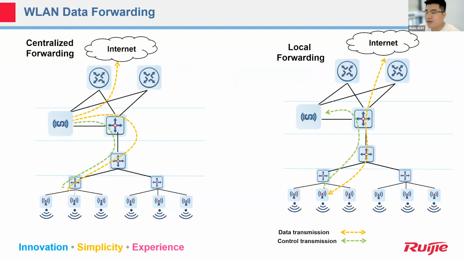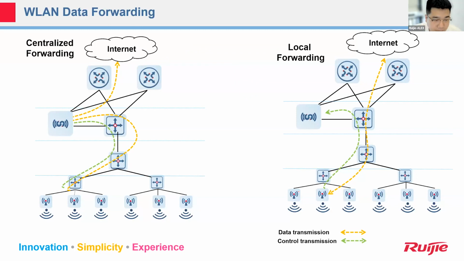Since we have already established the CAPWAP tunnel, it means that the AP is online on the AC. Since the AP is online, the AC can deliver the configuration to the APs, and based on the configuration, APs can send out signals, and we can use STAs to access the network right now.